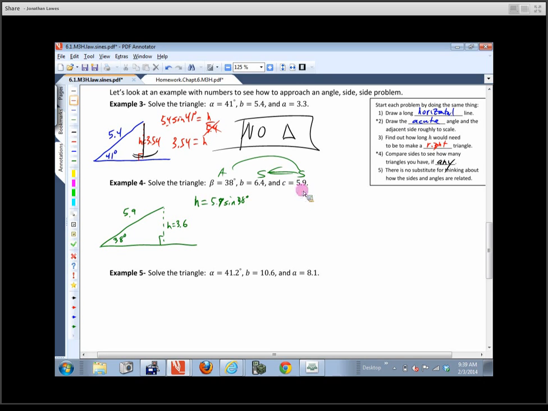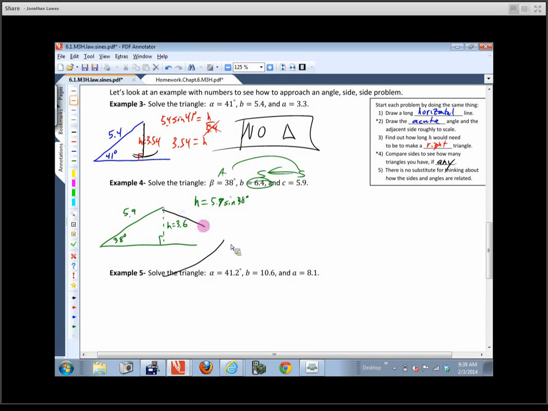How long is this in comparison? It's huge, isn't it? Way down here. In fact, isn't it bigger than this right here? So is there any way I could swing it over here and keep 38 degrees inside the triangle? Nope. Got to swing it out this way.